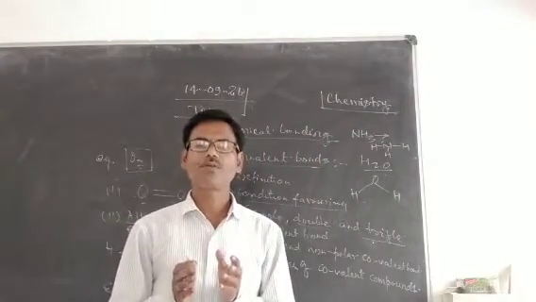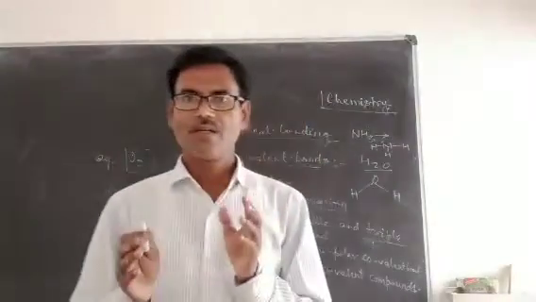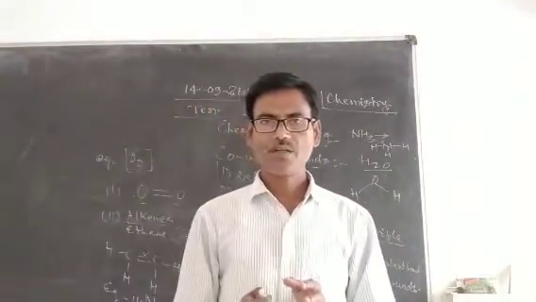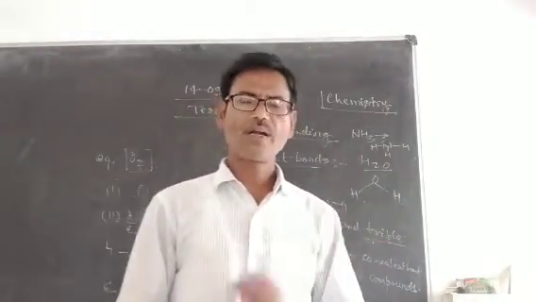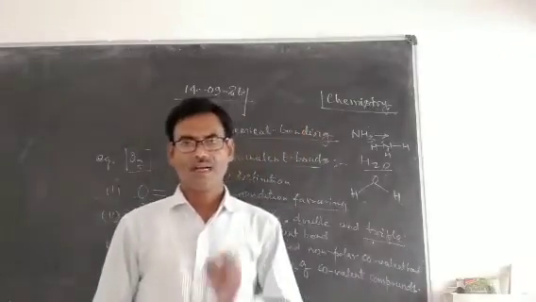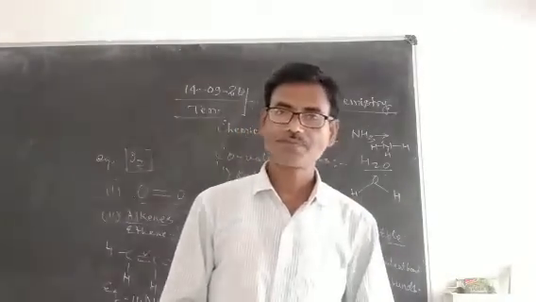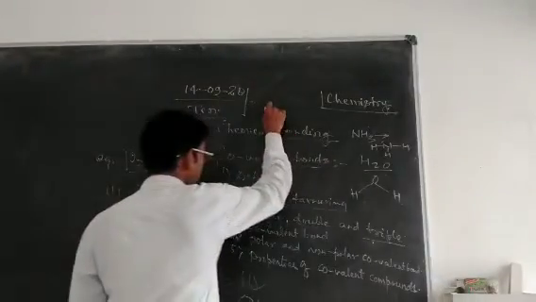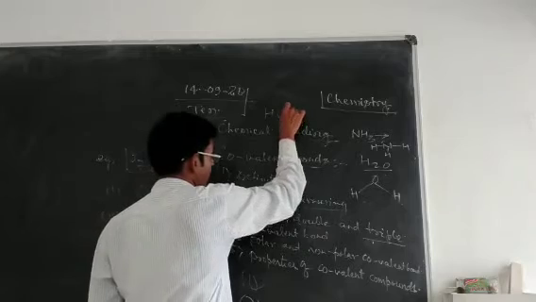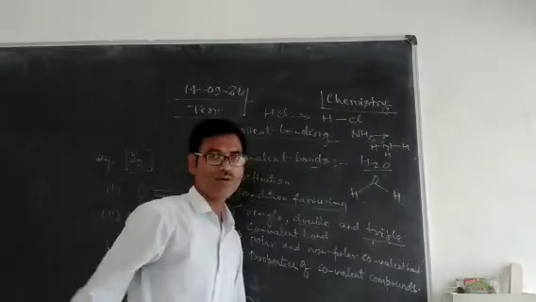The covalent bond between two elements having different electronegativity is called polar covalent, while the covalent bond between atoms of the same element is called non-polar. For example, in the molecule of HCl, the bond between hydrogen and chlorine is polar.